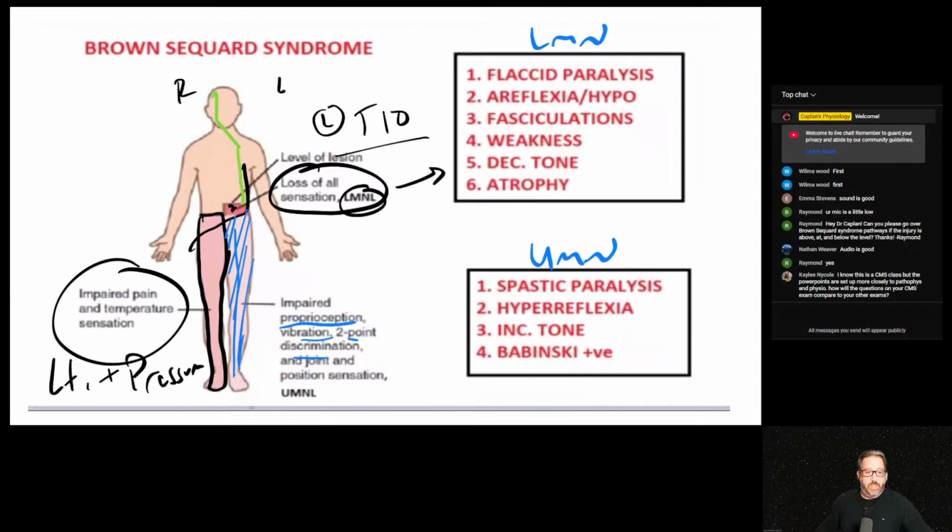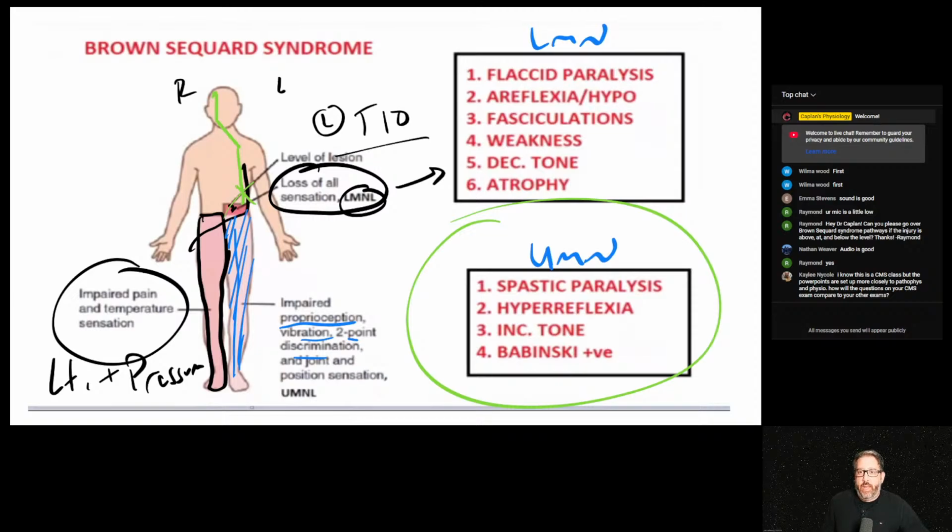The problem is, as soon as it hits the site of injury, it stops. So the upper motor neuron in this case is damaged, signal can't get down, so along that ipsilateral side, they're going to have upper motor neuron lesions because the upper motor neuron is not really working. It can't get past T10. So on the ipsilateral side of the lesion, you will also have upper motor neuron lesions.